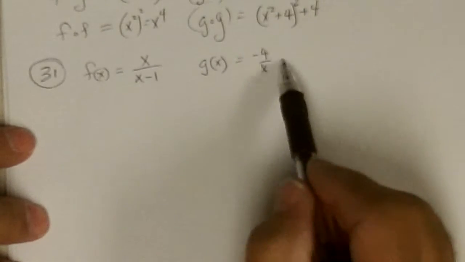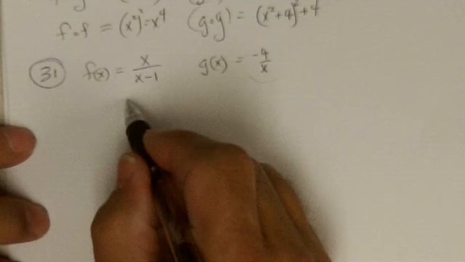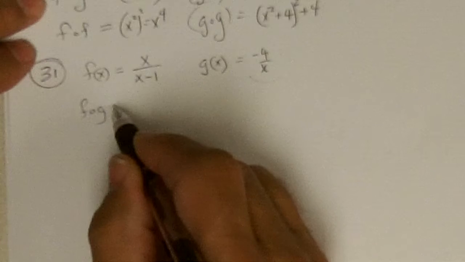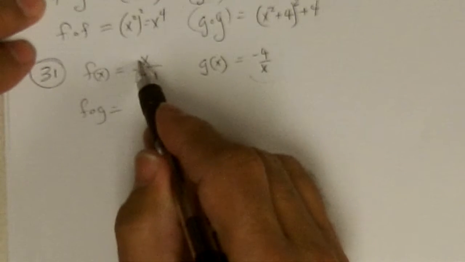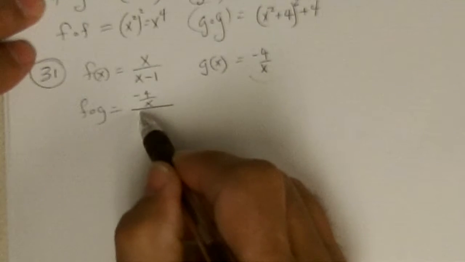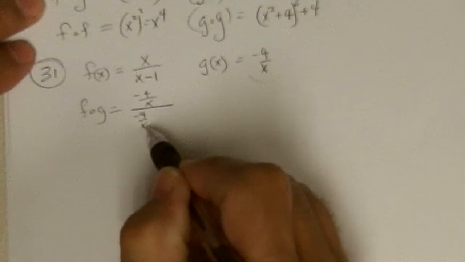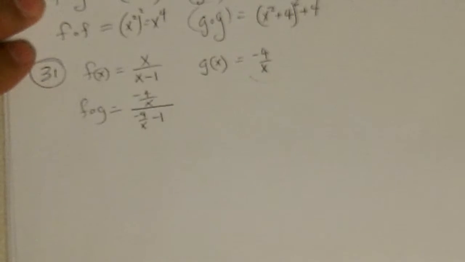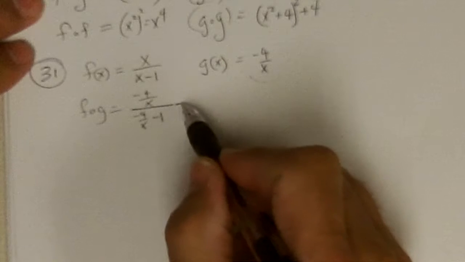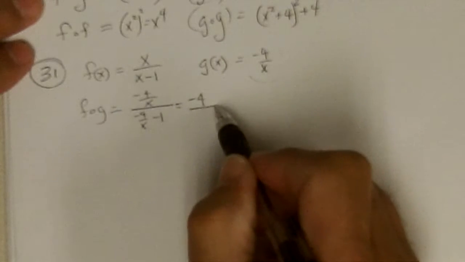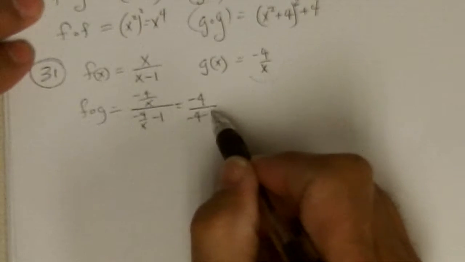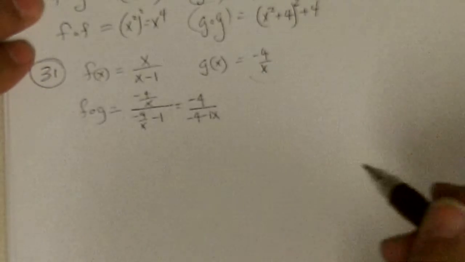So I got to put g in for the x's here, so for f of g, I would get minus 4 over x over minus 4 over x minus 1. To clean this up a little bit, I can multiply the numerator and denominator by x, and I'd get negative 4 over x times this would be just negative 4 minus 1x.